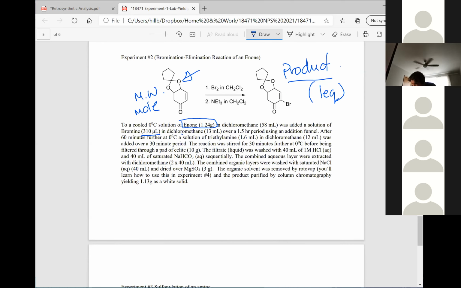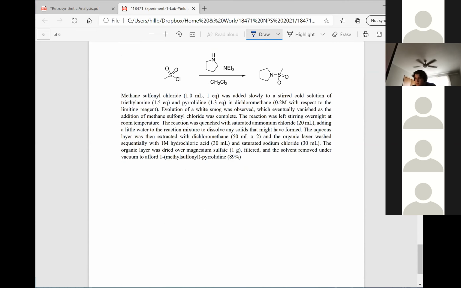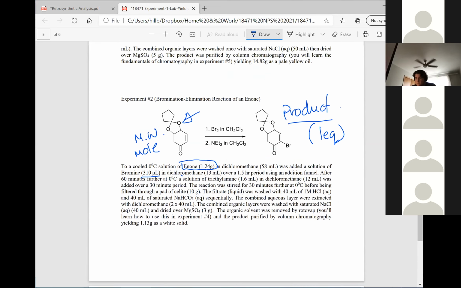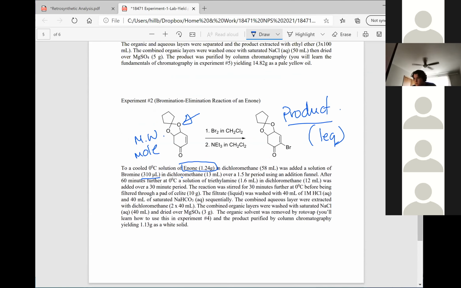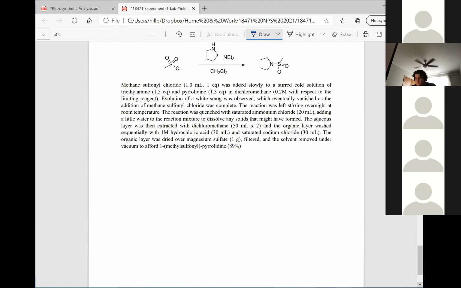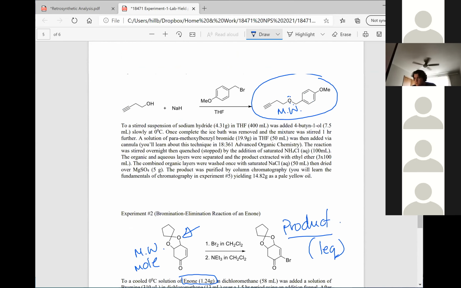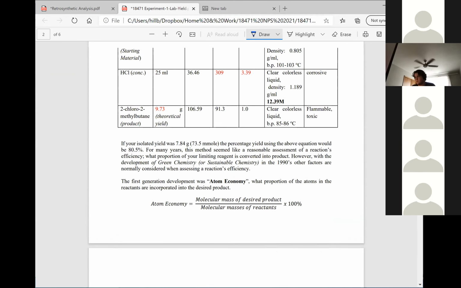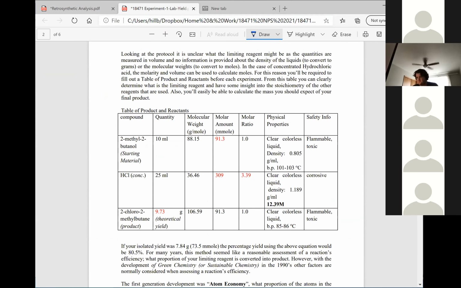So for the table where we have to do molar weight, millimoles, and then there's the physical properties and the safety info, do we just leave the safety info and physical properties out of it? Right, exactly. I think I did a table at the top. Yes, this is a holdover, so don't worry about this at all, or the physical properties.